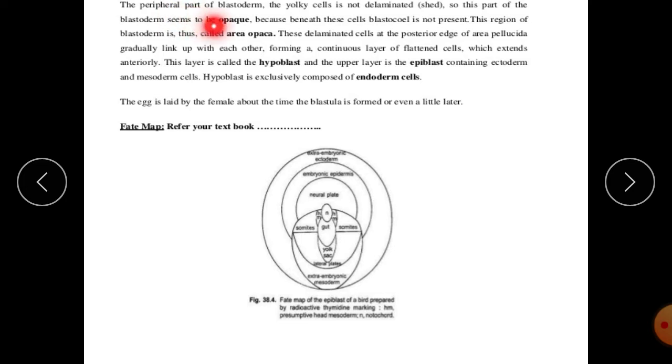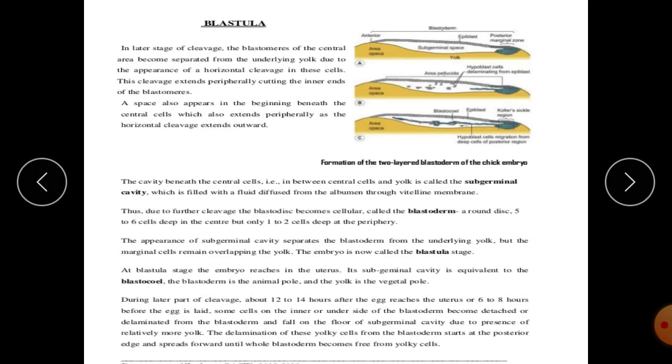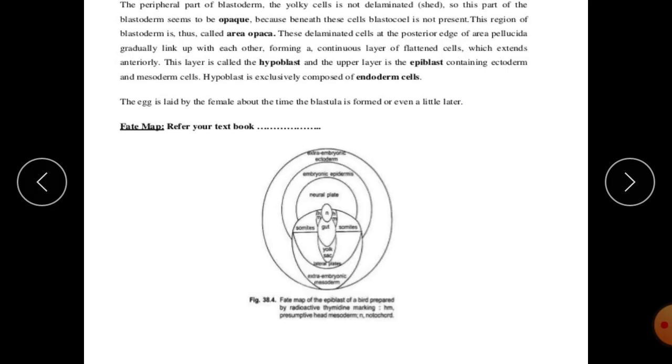The peripheral part of the blastoderm, where the yolky cells are not delaminated, seems to be opaque, because beneath these cells the blastocoele is not present. This region of the blastoderm is thus called the area opaca.